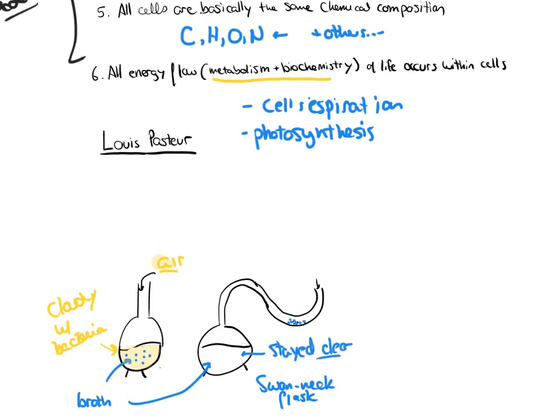The bacteria was trapped here, so it never got into the broth. What he suggested was that bacteria from the air was making its way into this broth quite easily, but when it tried to get in here, it got trapped. So that broth never turned, and that disproved the idea of spontaneous generation.